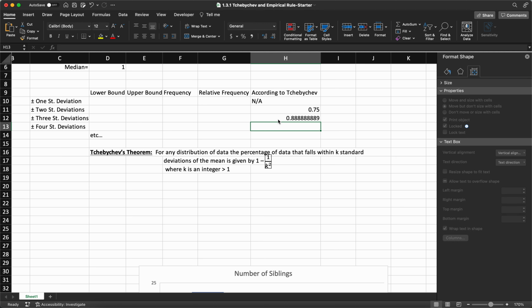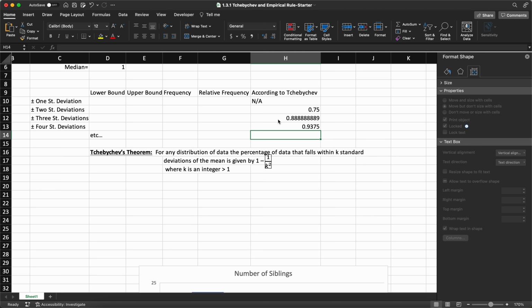If we were 4 standard deviations from the mean, this would be 1 minus 1 over 4 squared, which gives us about 94% of our data within 4 standard deviations of the mean.